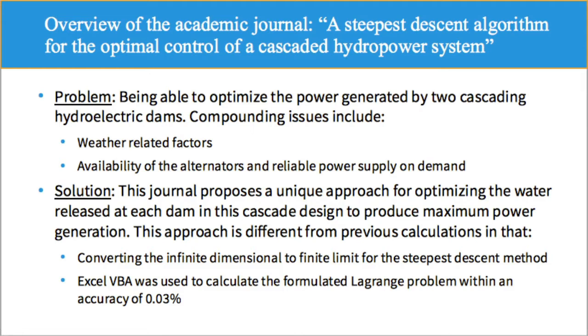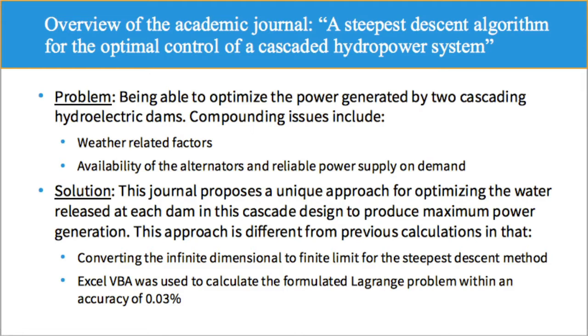So the solution this journal proposes is to optimize the energy being produced at each dam. And to do so, they go heavy into mathematical calculations. One of the ways they optimize this method is by setting limits rather than the infinite dimensional system.